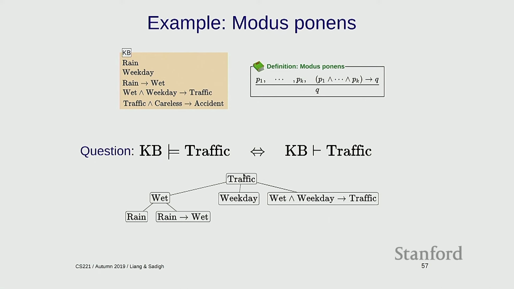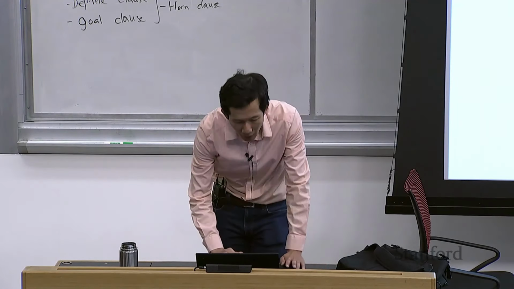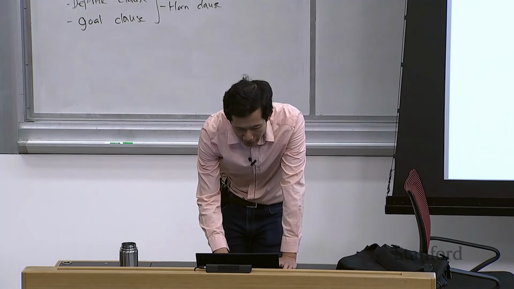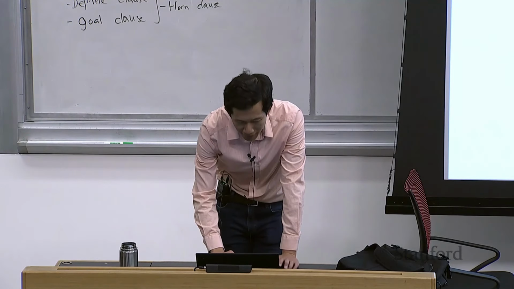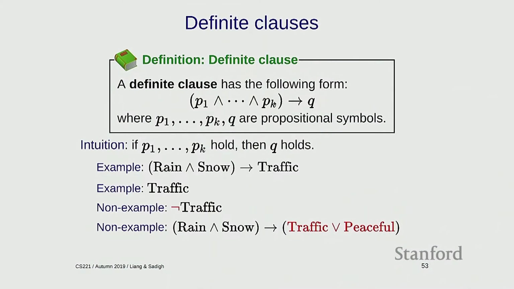First two, like rain and weekday, why are those Horn clauses? The question is, why are rain and weekday Horn clauses? If you look at the definition of Horn clauses, they're definite clauses, and definite clauses look like this. And k can be 0 here, which means there's nothing there.